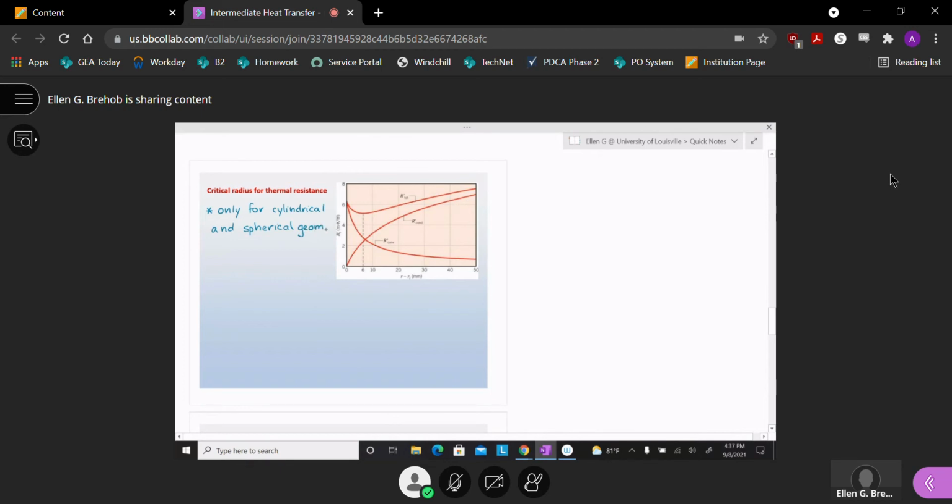We never talk about a critical thickness if we are adding, changing thermal resistance of a wall section.